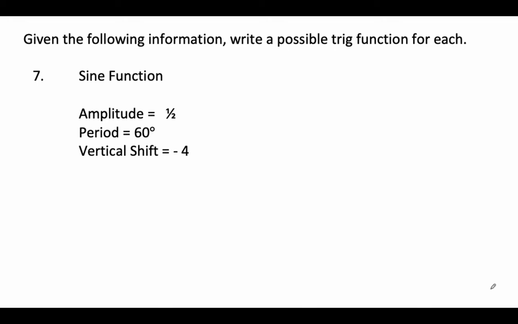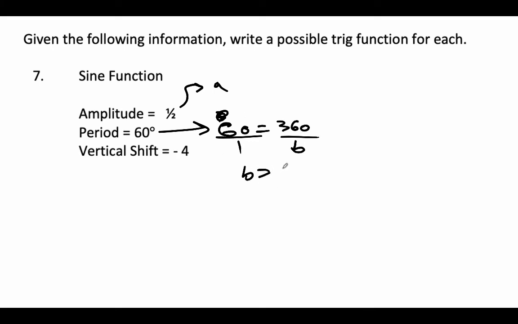About 4 of these, I'm going to do one with you. Amplitude, A. Period. So important that you recognize that period is equal to 360 divided by b. Make a proportion. Cross multiply. 360 divided by 60. It's 6. B is 6.